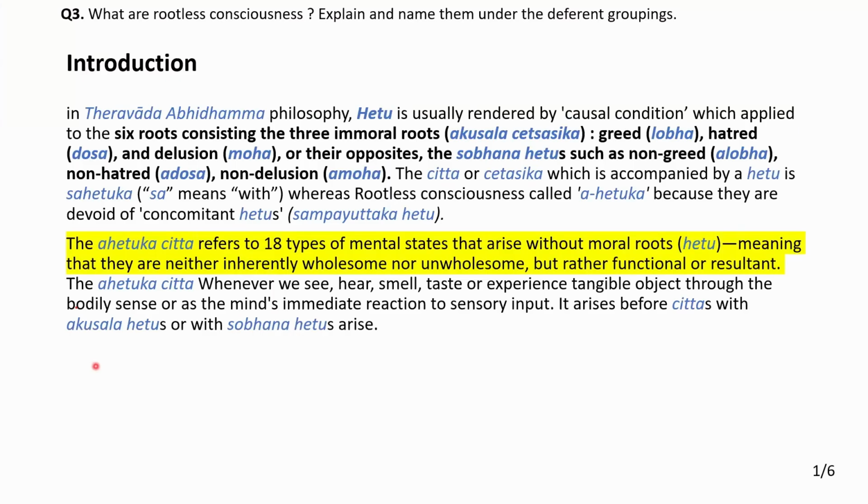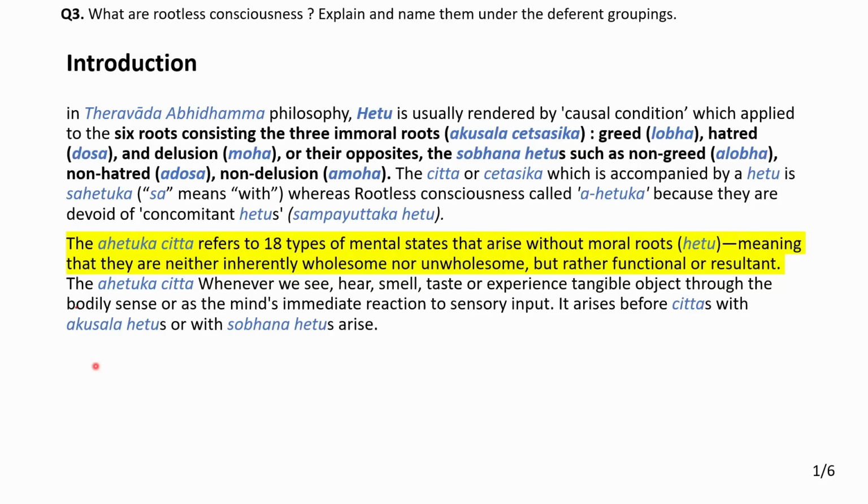Do we see Sobana Hetus? Pardon? I mean, you say there are three immoral roots: greed, hatred, delusion, or their opposite, the Sobana Hetus. Do we really say Sobana Hetus, or do we actually say Kusala?